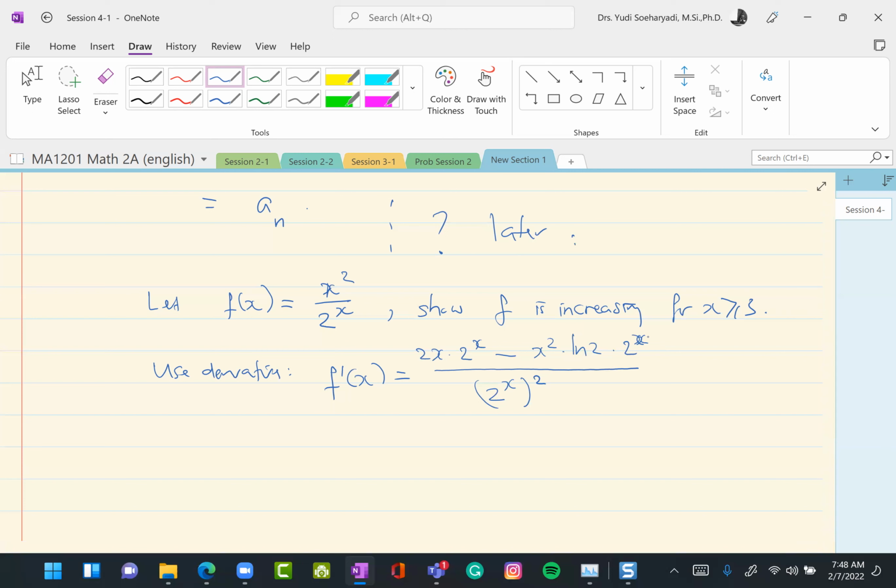Okay, then show this one is positive. Oops, I should stop in 2 minutes. Let's see why this one is larger. x is minus x. Positive, positive, minus there.